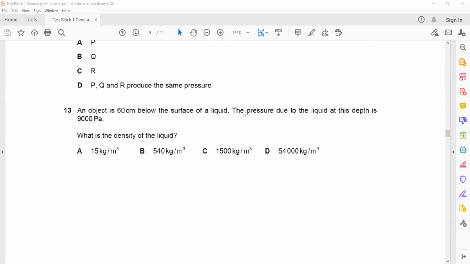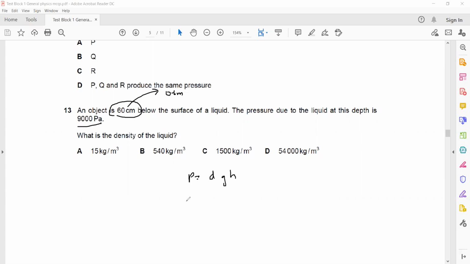An object is 60 centimeters below the liquid surface, and the pressure is 9,000 Pascal. What is the density? First, 60 centimeters should be in meters, so you divide by 100, which equals 0.6 meter. You have the formula: pressure exerted by the liquid equals density into gravity into height.